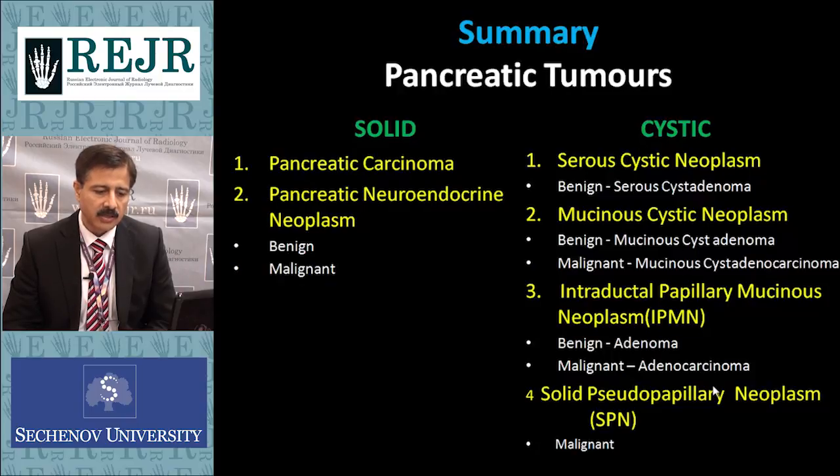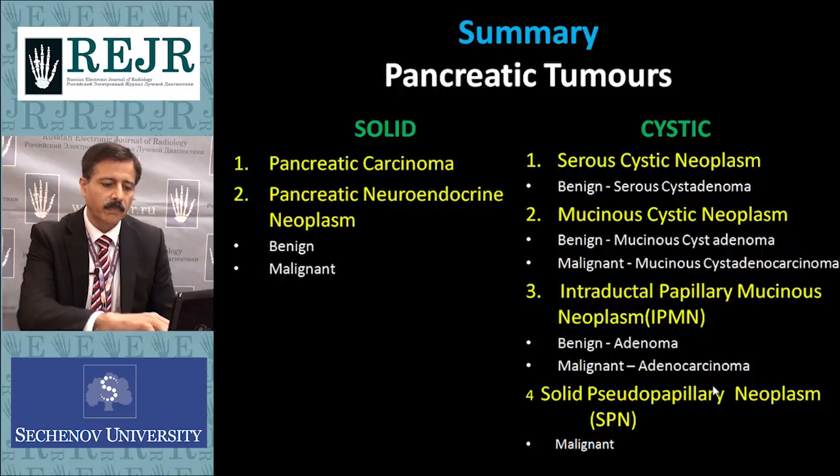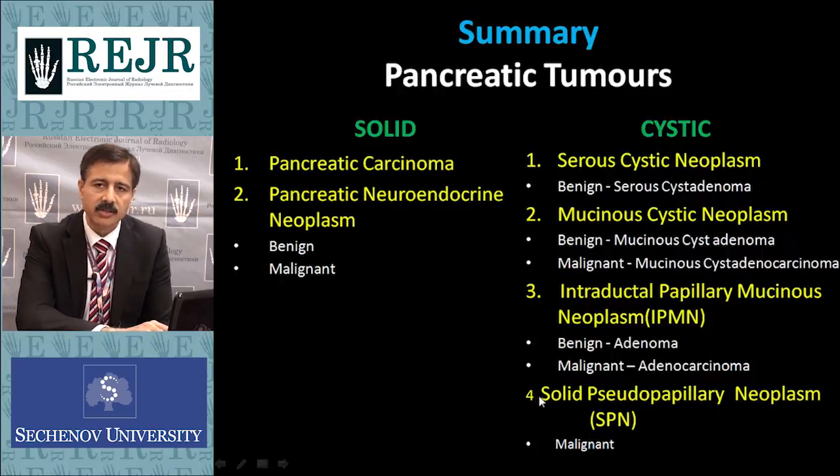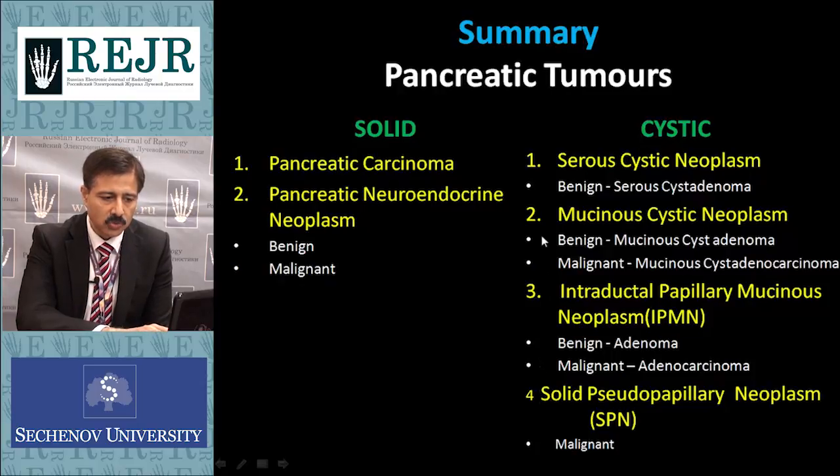On the other hand, solid pseudo-papillary neoplasm has a malignant behavior, though indolent in clinical course. But these two, mucinous cystic neoplasm as well as intraductal papillary mucinous neoplasm, can have a benign behavior, but then can degenerate into malignancy.